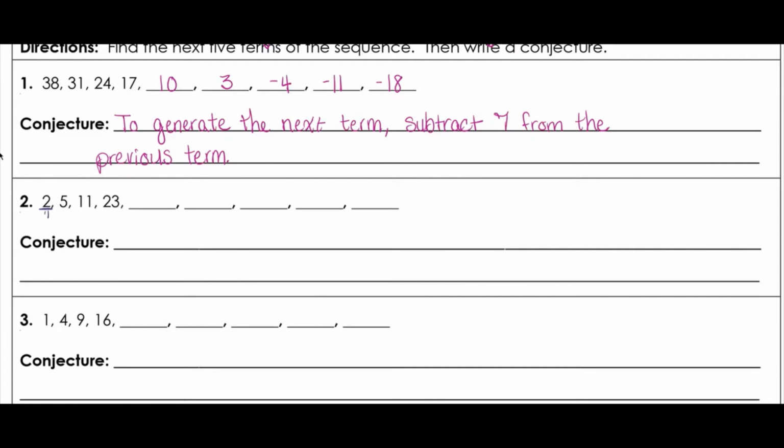I saw that if I doubled 2, I'd get 4, and if I added 1 to that, I would get 5. If I doubled 5 and added 1 to it, I would get 11. If I doubled 11 and added 1 to that, I would get 23. Do you see how I found that pattern? Hopefully you were able to see it too. So now we have to write the next 5 terms in this pattern.